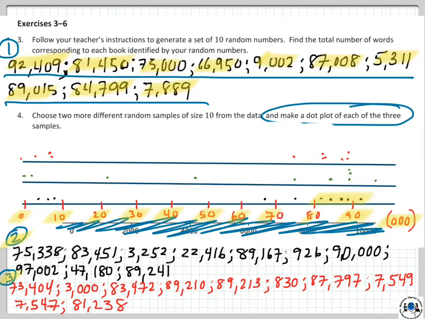Okay, so here are my other 2. One thing you do notice pretty starkly here is the absence of any books in this range right there. With these 2, there's none. Absolutely none at all. There are a couple actually in that second.